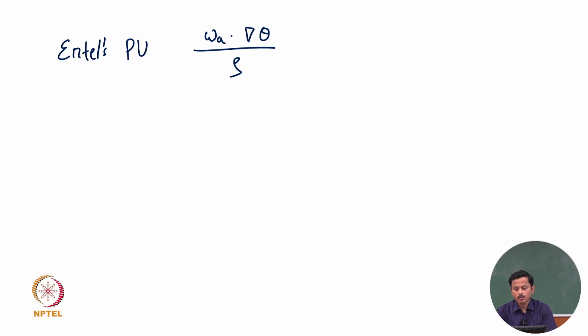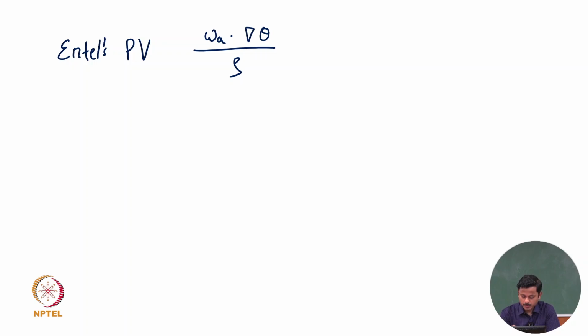Remember that omega here is used in the sense of vorticity. This is not frequency. When we are looking at vorticity, we are using omega as the variable. During discussion of Ertel's PV, we said that theta can be any function.